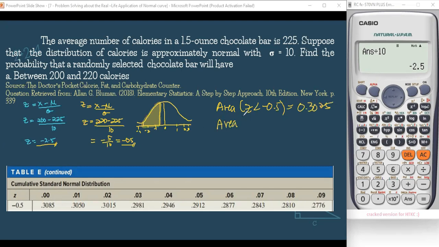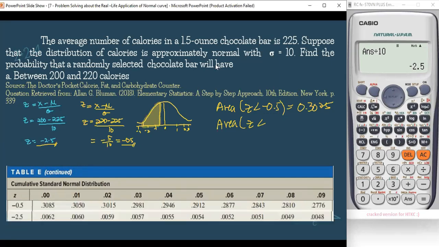And the area po of z less than negative 2.5, so let's see, that is 0.0062. So, ano nga po yung ginagawa natin kapag in between?